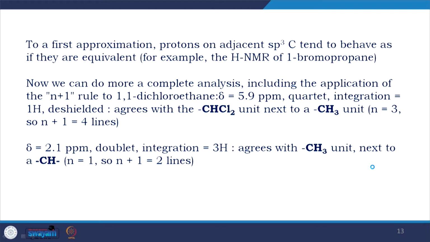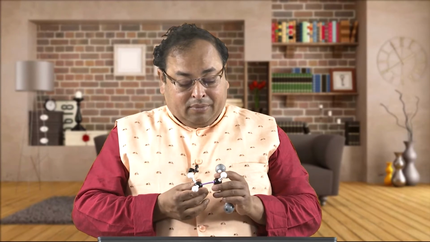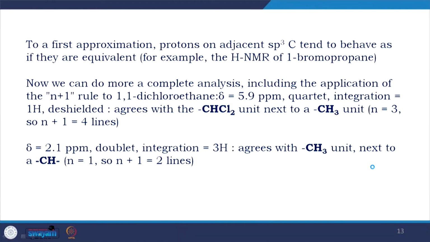Delta equal to 2.1 ppm, doublet, for the other one. For the CHCl2 we have a quartet, and for the CH3 we have a doublet. So delta 2.1 doublet, integration equal to 3H, agrees with a CH3 unit next to a CH.